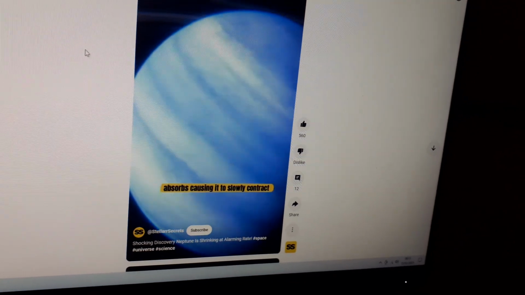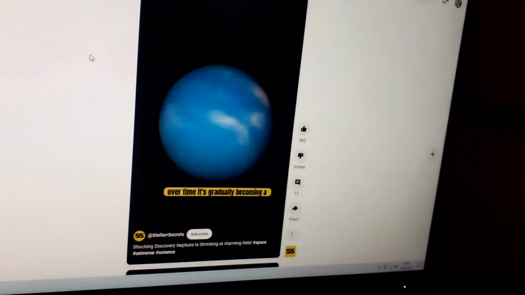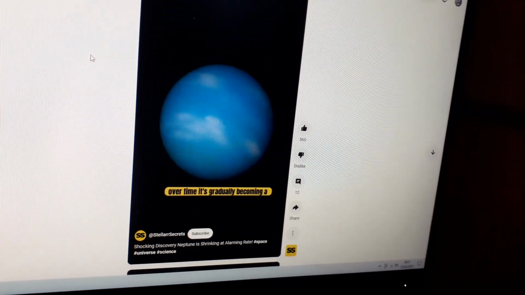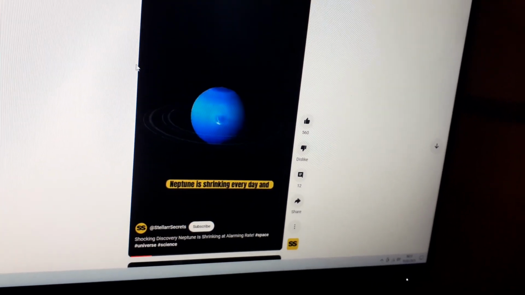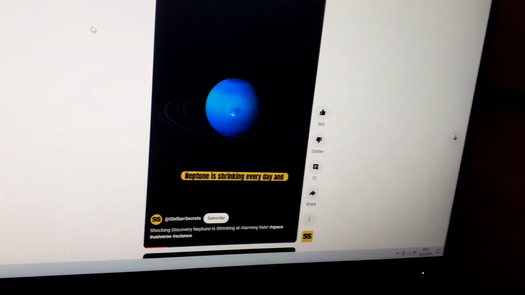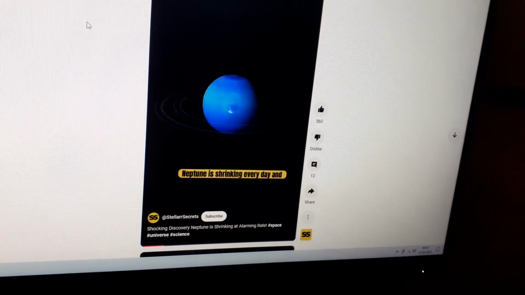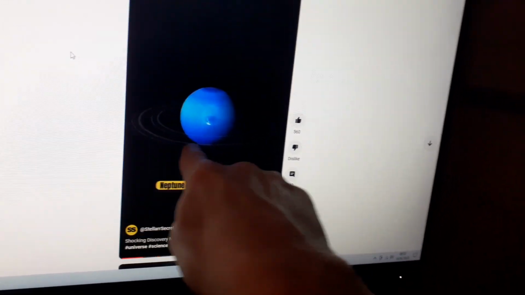What else did it say? Causing it to slowly contract over time. It's gradually becoming a smaller gas giant. Neptune is shrinking every day. Rings. It looks like an earlier stage.